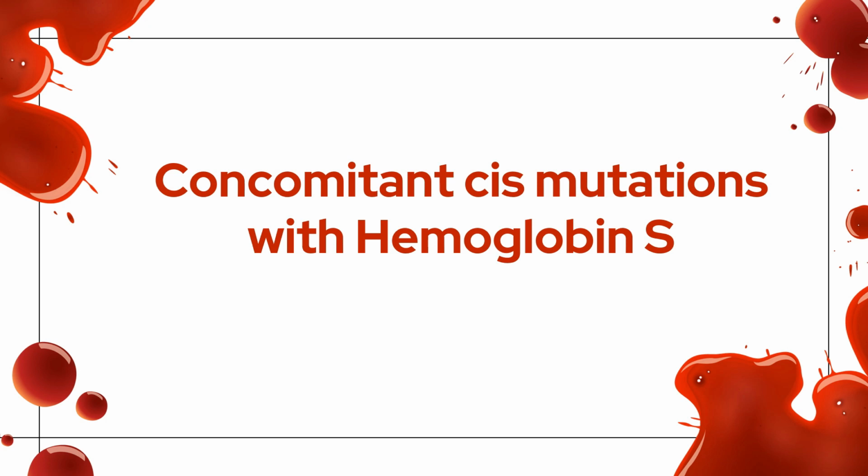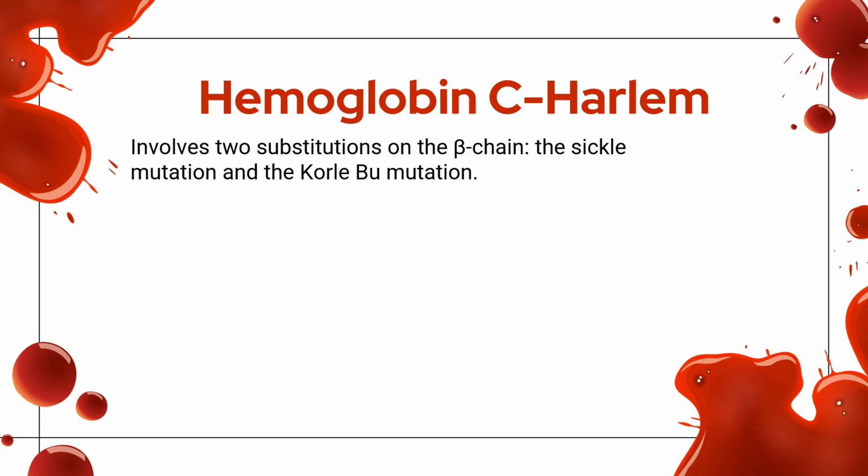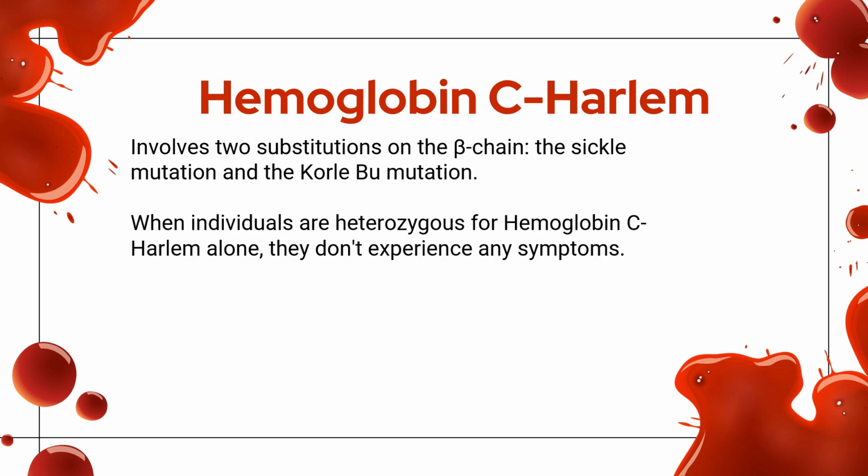Get ready to discover the fascinating stories of three remarkable mutations, hemoglobin C-Harlem, hemoglobin S-Antilles, and hemoglobin S-Oman. Let's begin our journey with hemoglobin C-Harlem. This unique hemoglobin variant involves two substitutions on the beta chain, the sickle mutation and the Korle-Bu mutation. When individuals are heterozygous for hemoglobin C-Harlem alone, they don't experience any symptoms.